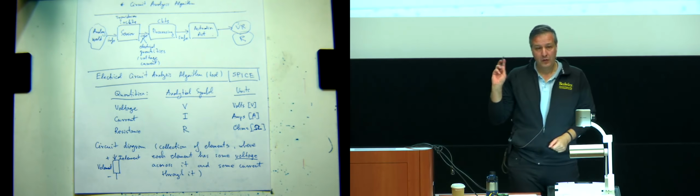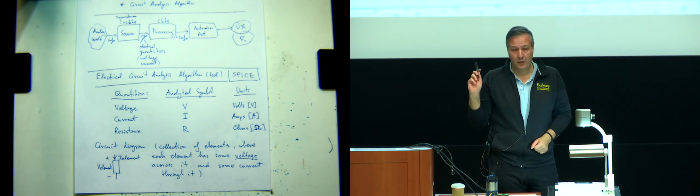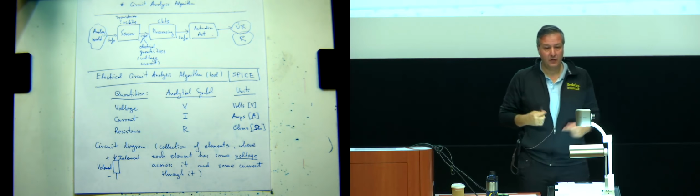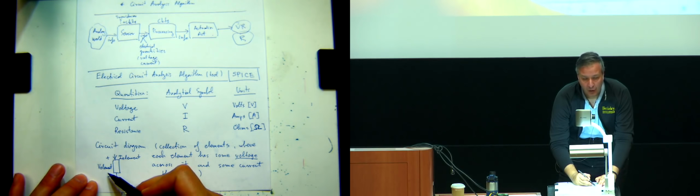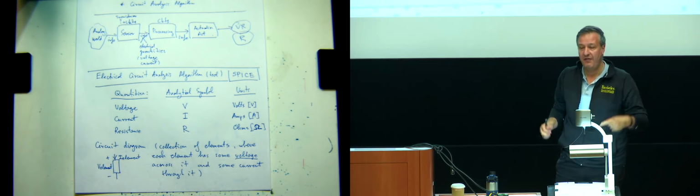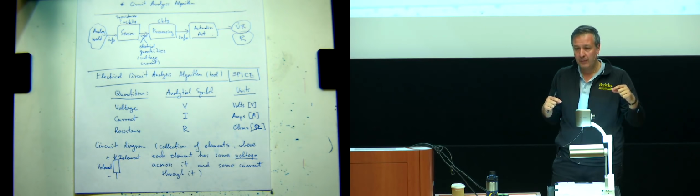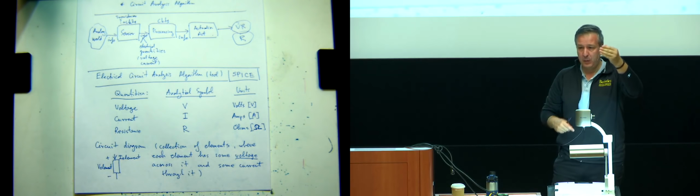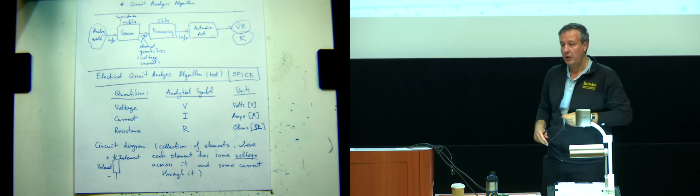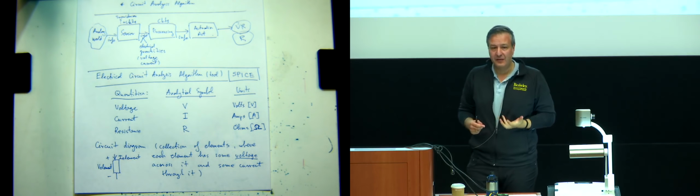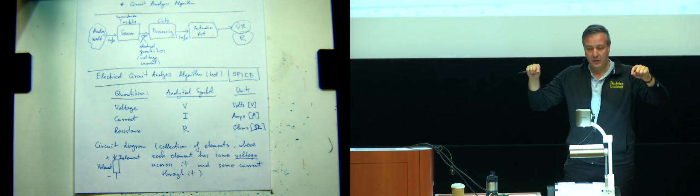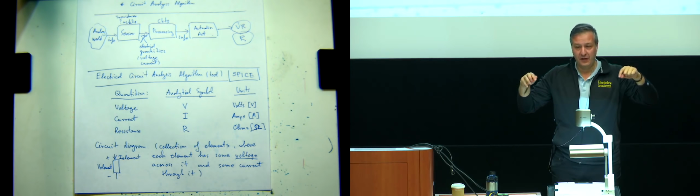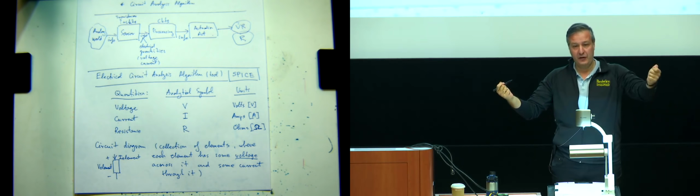Now, the way I drew this, notice there's a plus and a minus for V element. Right? Well, that just means that I've measured this voltage between these two points, a plus and a minus point. Right? And voltage is a relative quantity. It's only a relative thing between a certain point in the circuit and another point in the circuit.